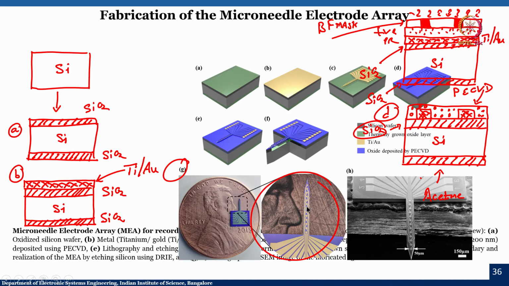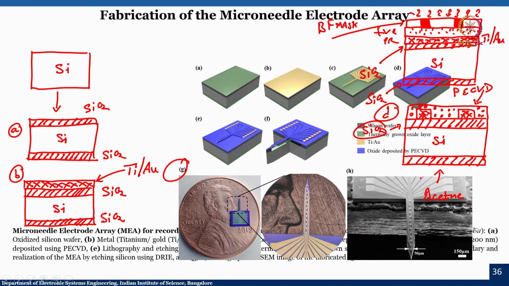You cannot see the oxide because the oxide is about a micron or so, or even less, like half a micron, and oxide is always transparent. So, since silicon dioxide is transparent, you can see it as if there is nothing on the other area, but all this area actually has oxide, and only the recording electrode and the contact electrode do not have any oxide. This is an SEM of the microneedle.